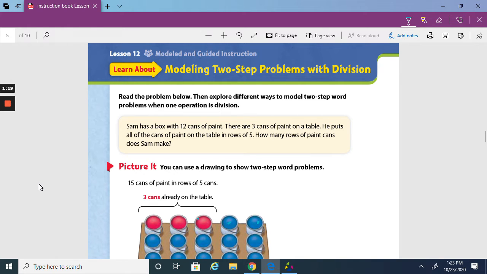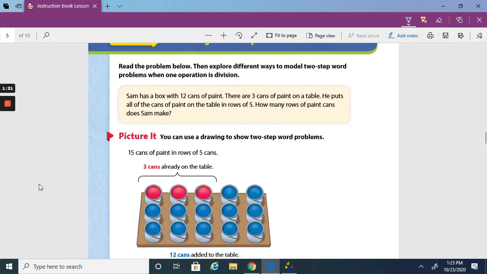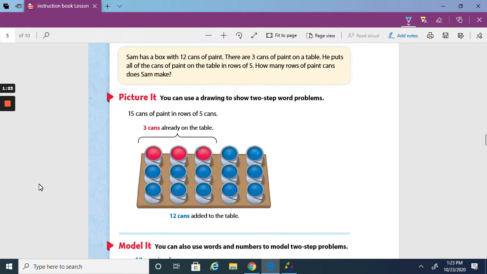You can use a drawing to show two-step word problems. We've discussed the previous 2 days this week the importance of using a picture to help us understand what we are doing. We can see that they've drawn us a picture. They drew 3 cans on the table because in the problem it says there are 3 cans of paint on the table.